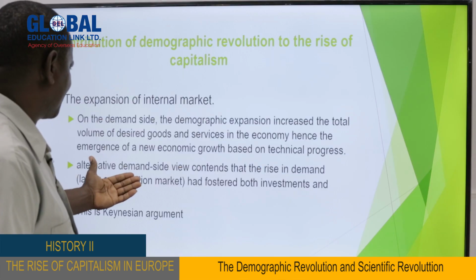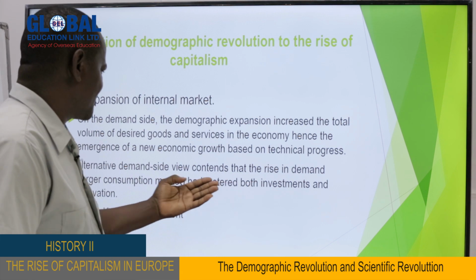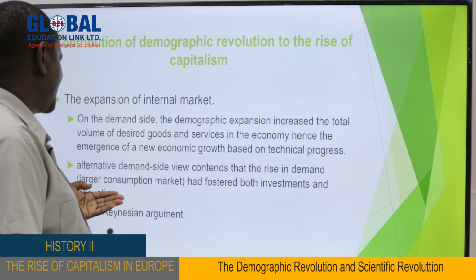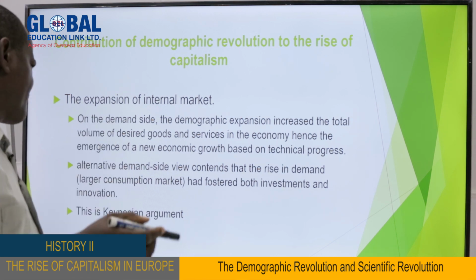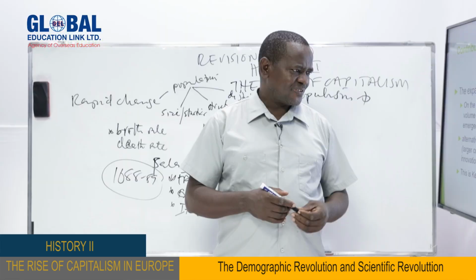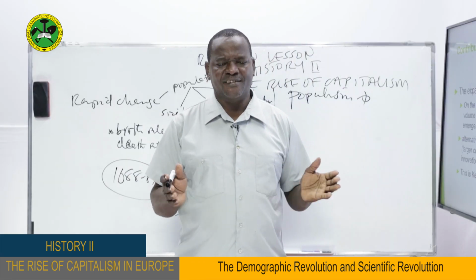That's one. But also, an alternative demand side view contends that the rise in demand, that means as people demand more, the large consumption of the market also fostered both investment and innovations, as I said earlier.